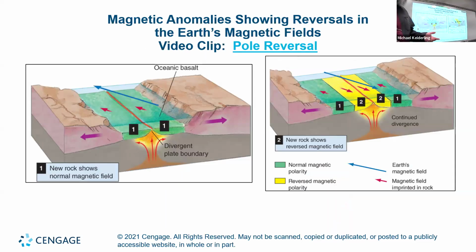With these magnetic anomalies, basically, when the magnetic field is one way, it gets recorded, and then when it switches, it records in the opposite direction. And that gets recorded in the magnetic field you can measure from the rock.